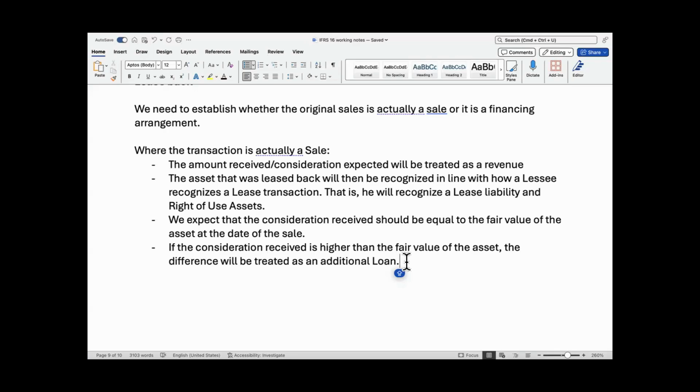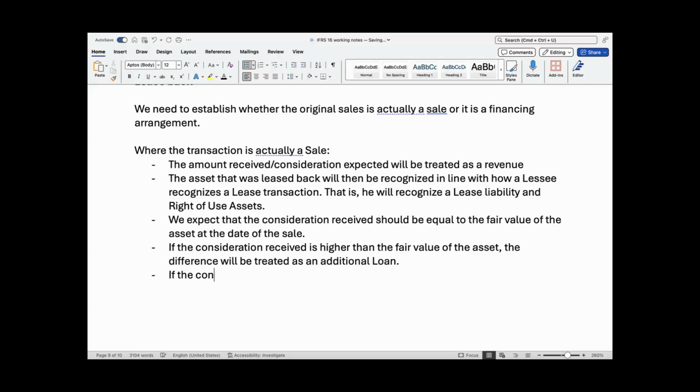We need to solve a question that will show how to do that separation: this one is the loan, this one is the lease. Because the lease rental will be above market rates, higher because they will have incorporated repayments of the additional loan inside, aside from the lease rental he is paying. So we need to do that separation.